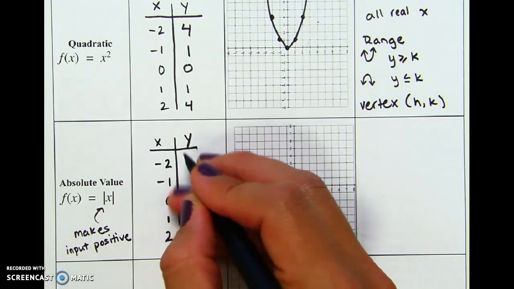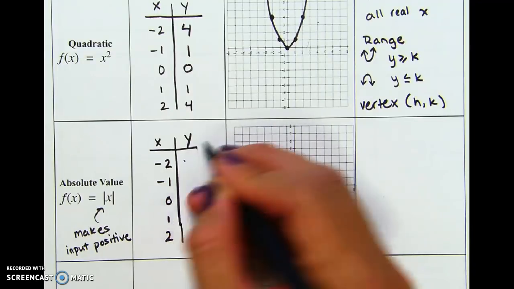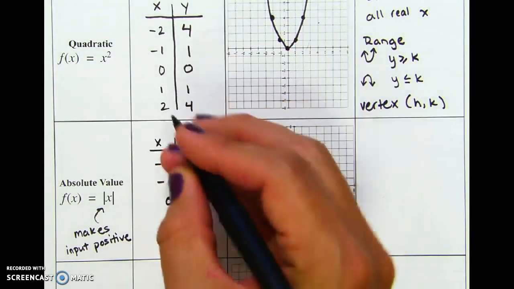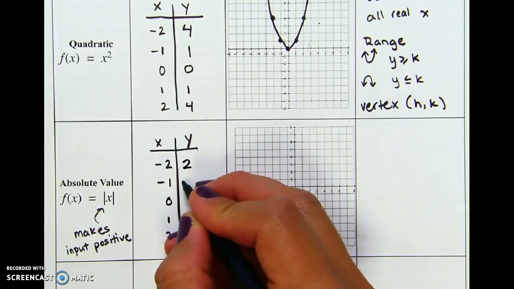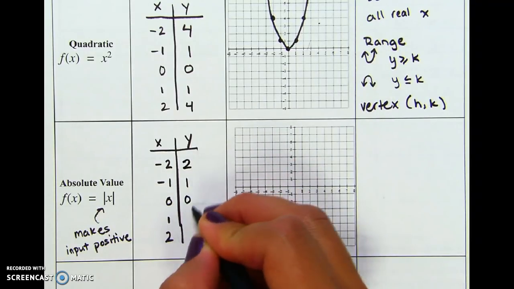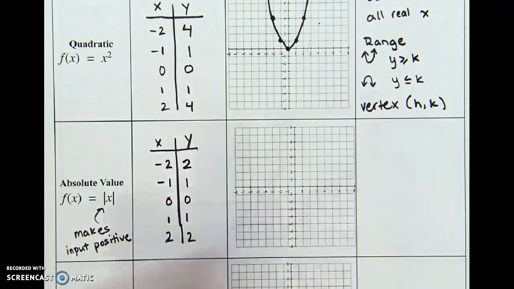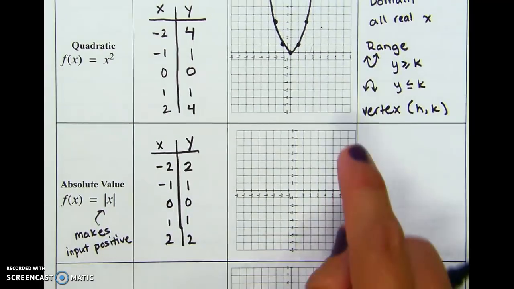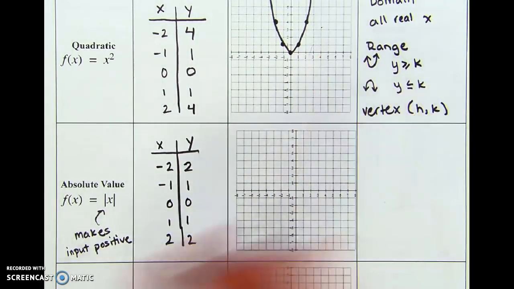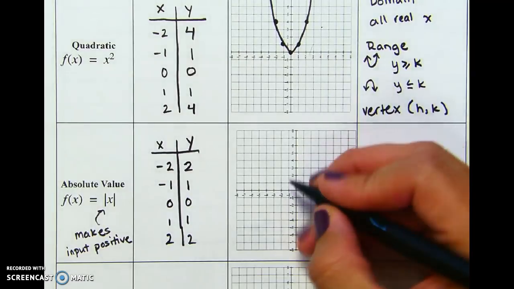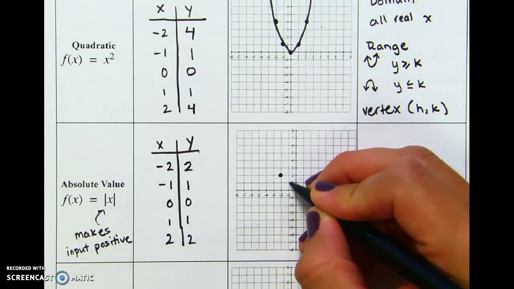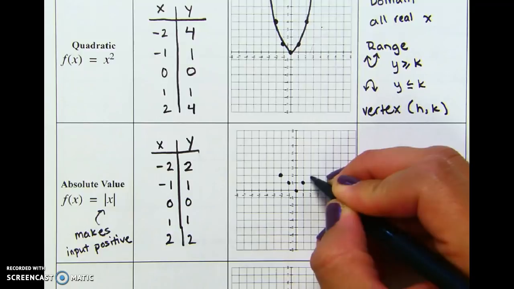Okay, absolute value of -2, is it 4, like this? No, it's 2. Okay, absolute value of -1, 1, 0, 1, 2. So, is it going to look exactly the same as a quadratic? Nope, it's not. Otherwise, it would be a quadratic, but it's different.